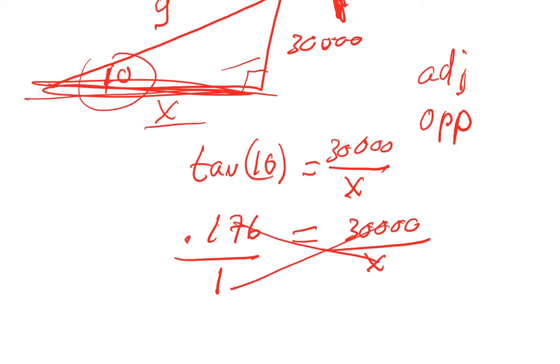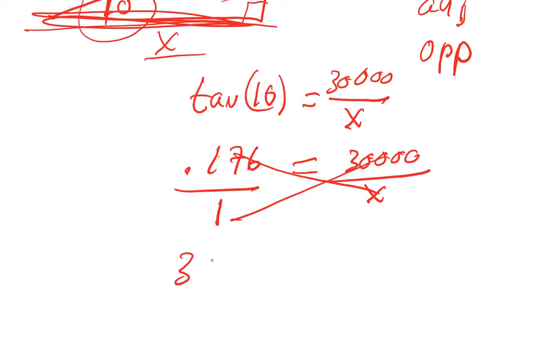Cross multiply. And then what do we do to figure out what X is? Yep, we're going to divide it.